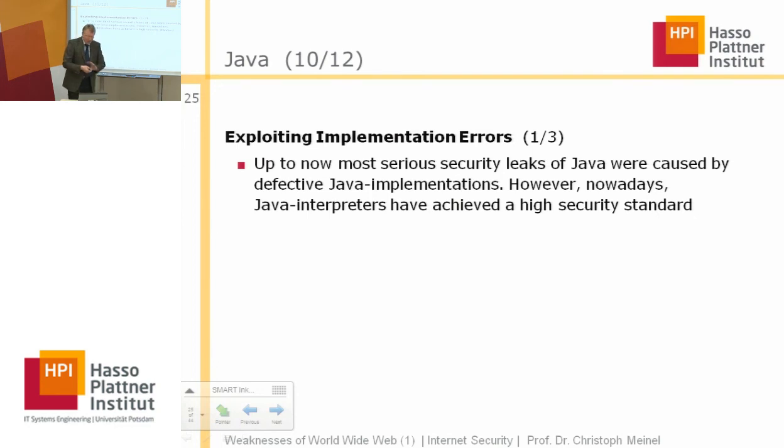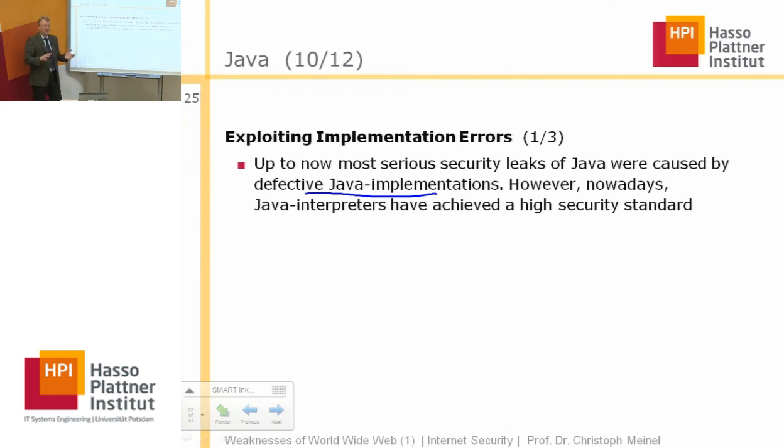Up to now, the most serious security leaks of Java were caused by defective Java implementations. Not by Java itself; there was no mistake detected in the design of Java. Most attacks and security leaks that were detected depend on the different Java implementations.